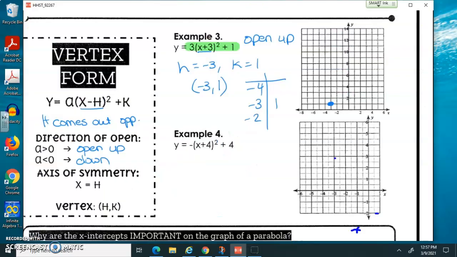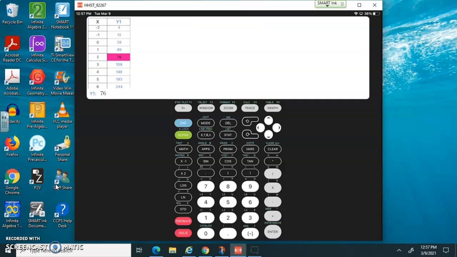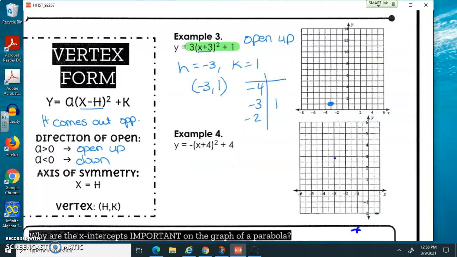We're going to go to our table. We know our vertex is here at negative 3, 1. So at negative 4, 4 and negative 2, 4 is what we're going to use. So negative 2, 4 and negative 4, 4.